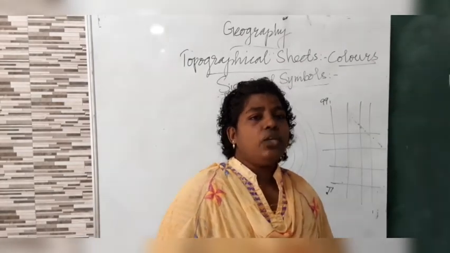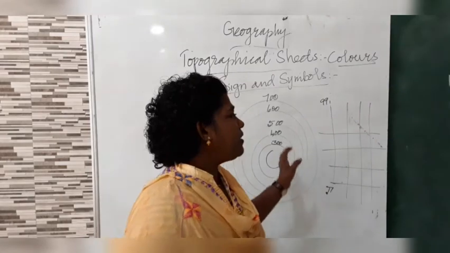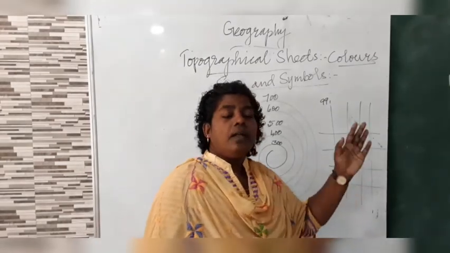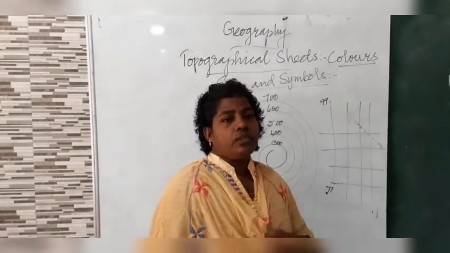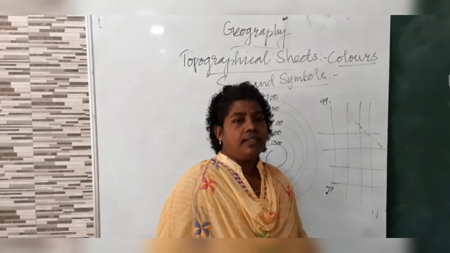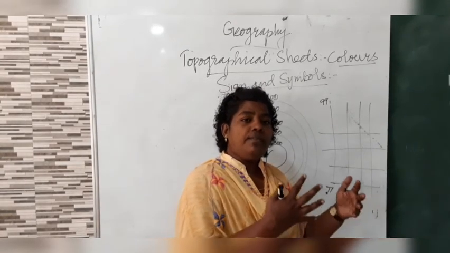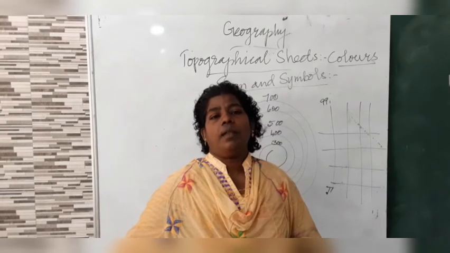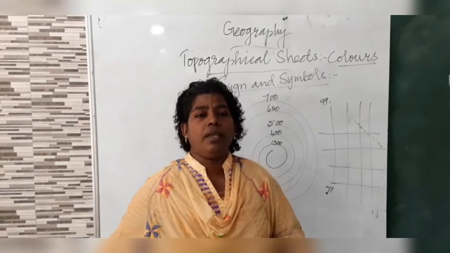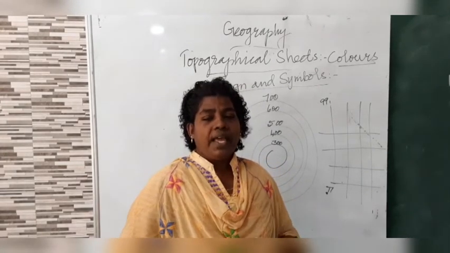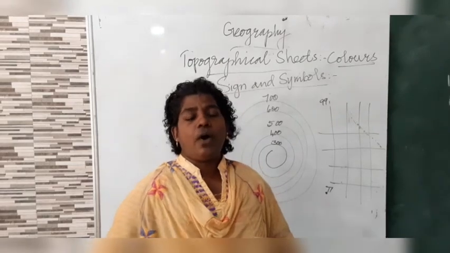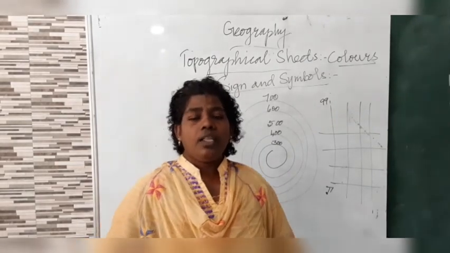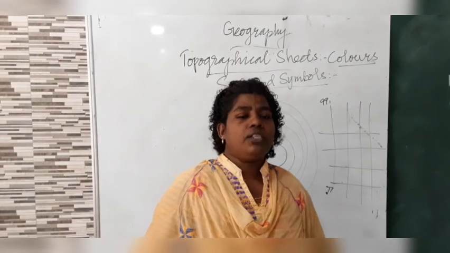What is land use? Land use also depends on the size of the land and the steepness of the land. Some areas will be very steep, some gentle, and some areas will be plain. In the plain region, wherever water is found, all the main crops will be cultivated.